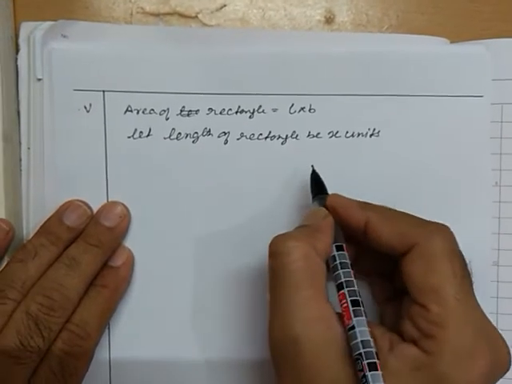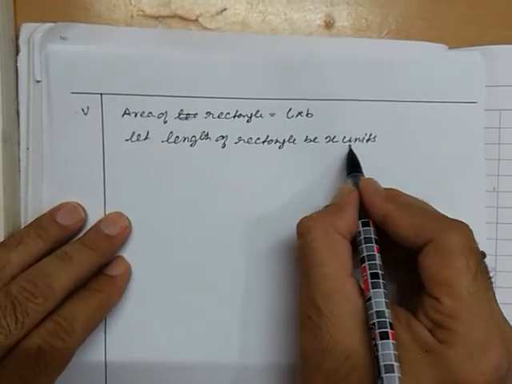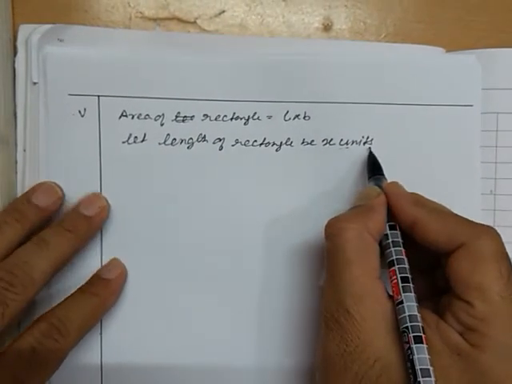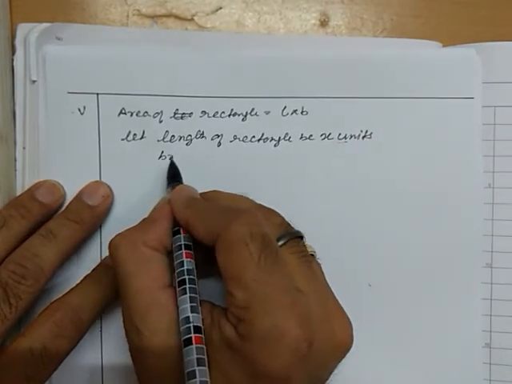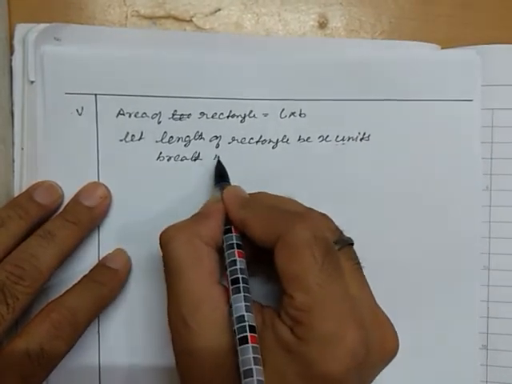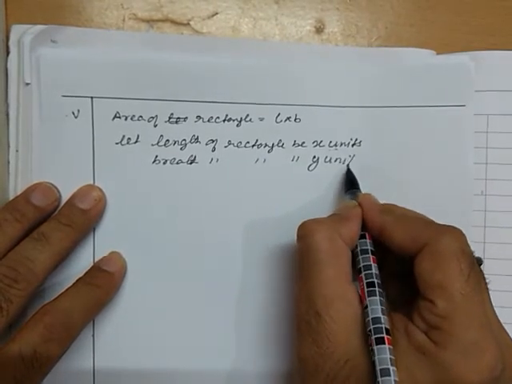It is not talking about any particular unit like centimeter, meter or kilometer, so we take it as units. The breadth of the rectangle be y units.